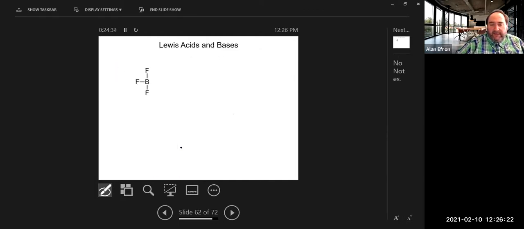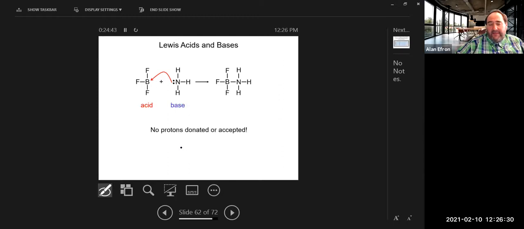The nice thing about the Lewis acid and base definition, though, is we could look at acids and bases without having any H plus being accepted or donated. So here, if we look at BF3, which is an incomplete octet, right? Boron is notorious for having less than 8 electrons, making it electron deficient.